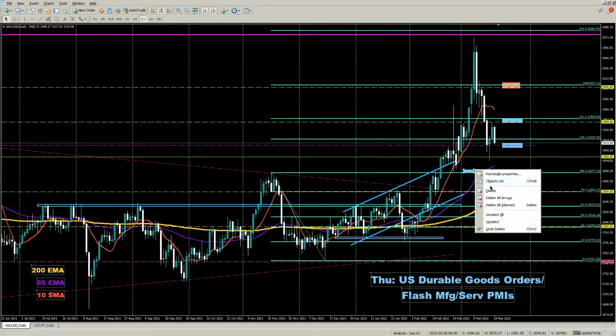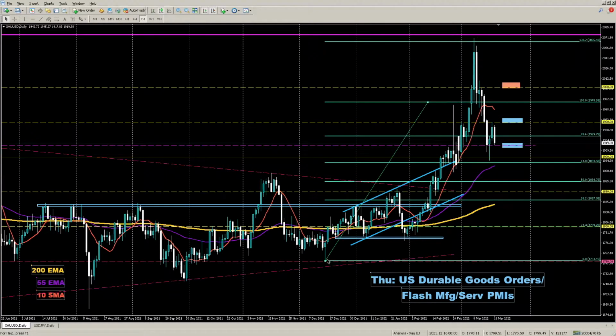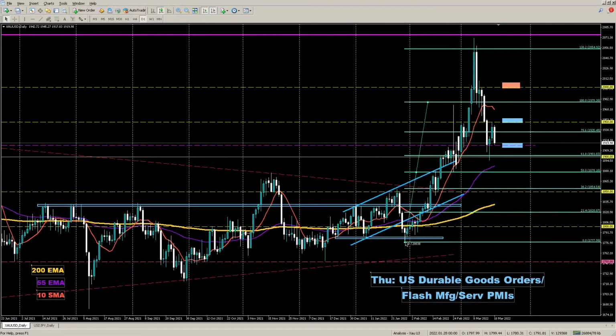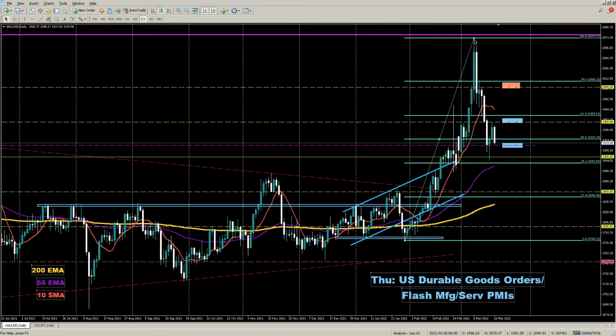Let's clear this and use this fib to find the retracement. That's the start of the swing move up, right up to the high, and it has fallen back down, almost hitting the 62 fib retracement. It shows 38, but that's the 62 fib retracement, 1891. So yes, that was the 1895 low.